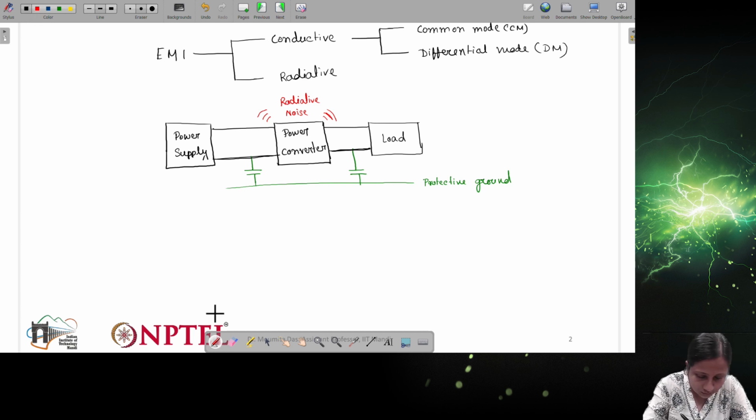Now this parasitic capacitance will cause the presence of common mode noise, or I can just say conductive noise.